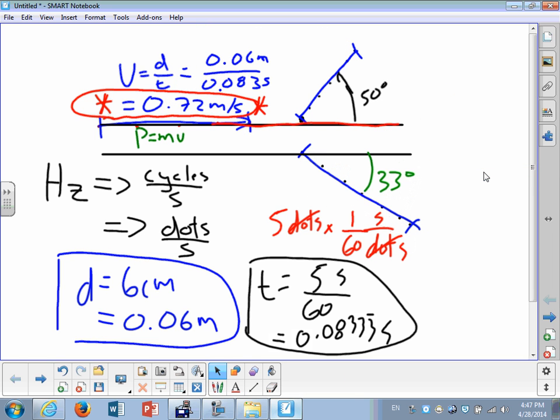So we see now we can find our velocity of this line here. We can find our velocity of this line here. And once we've found those velocities, we can also find their momentums. But with this, we also know the direction that these velocities are going at. So I'm hoping that that will help you significantly whenever you're dealing with ticker tape diagrams and collisions in 2 dimensions. I hope this helps a lot, and have a great afternoon.